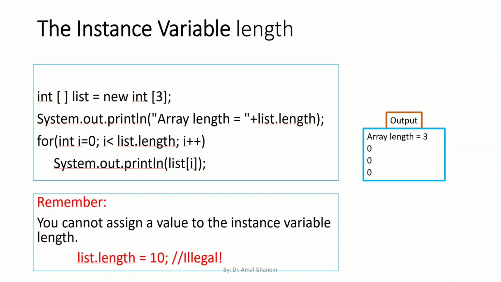Then you can have a loop. Inside the loop you'll output list[i], and because it's an empty array, all of the elements will be 0. But remember, you cannot assign a value to the length. You cannot say list.length = 10. We cannot do it this way. All I can do is use it in a for loop to make sure that we are moving until the end of the array.